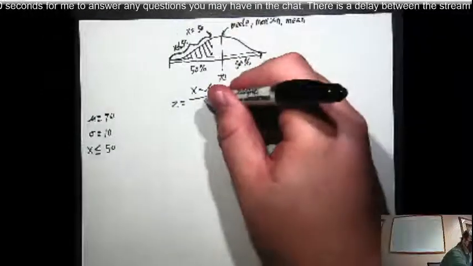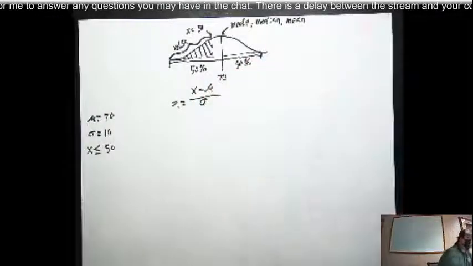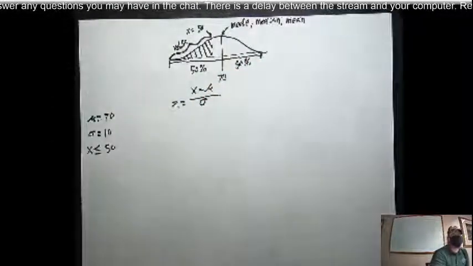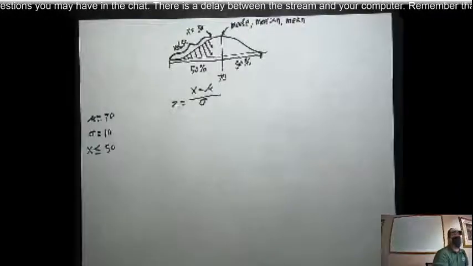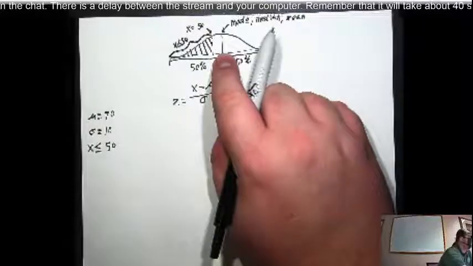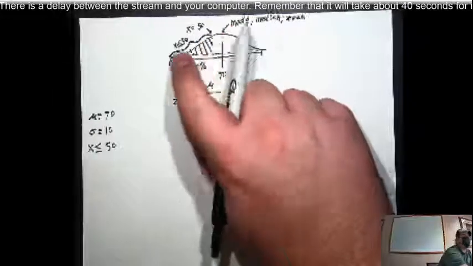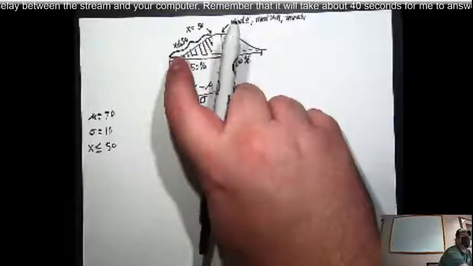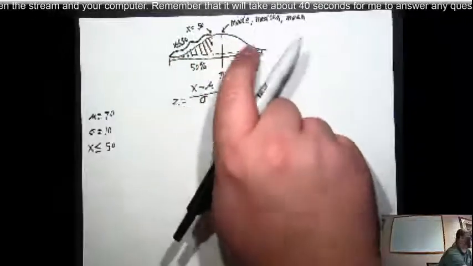Then we divide that by the standard deviation to relate it to the rest of the curve. So yeah, we can figure out the distance from here to here, but we need to know what this curve actually looks like, and the standard deviation gives us what this curve looks like.